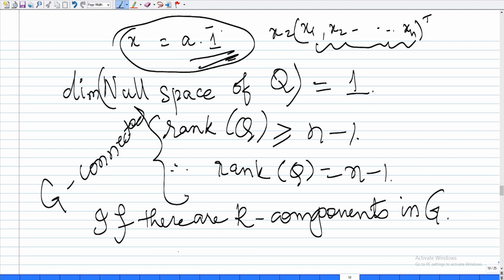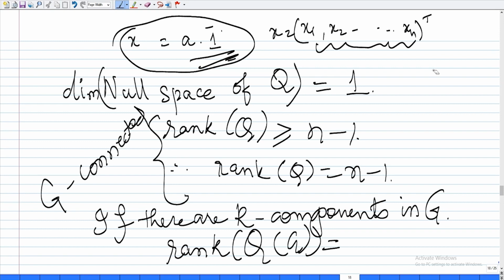in G, then what can I say about the rank of this matrix Q of G? See here, when I said we have equal values, x1, x2, xn take equal values, we had that assumption that they are going to be connected.